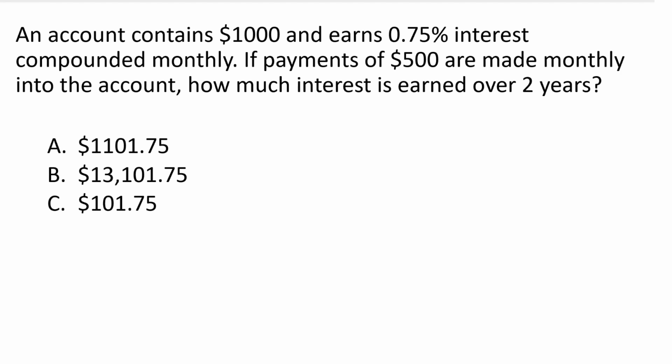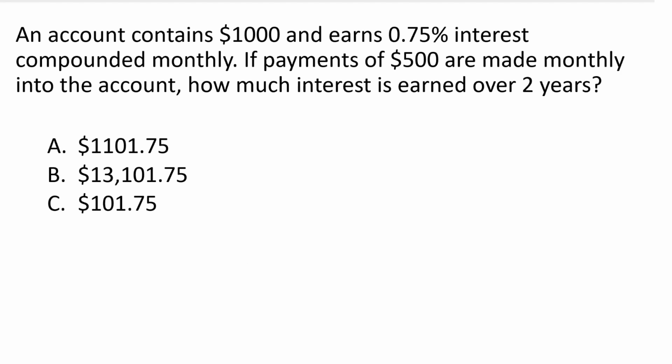That's because the contributions were $500 times 24, so that's $12,000, plus the initial $1,000, so that's $13,000 that was deposited. And if there's $13,101.75 in the account, the difference between those two things is $101.75. So remember, interest is just the difference between how much you put in and how much you take out.